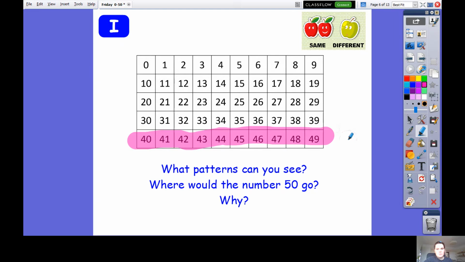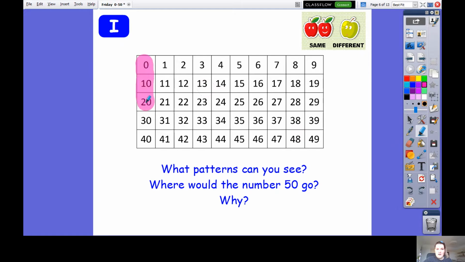It would change. Would it become 4 and 0 again? Oh, it wouldn't. Why would it not become 4 and 0? Because each time we get to the 9, it becomes a new number. And what new number does it become? 50. You think it's 50?